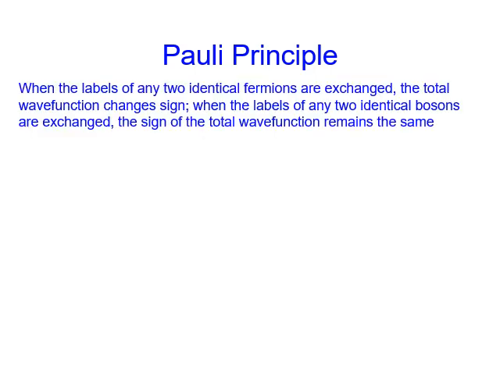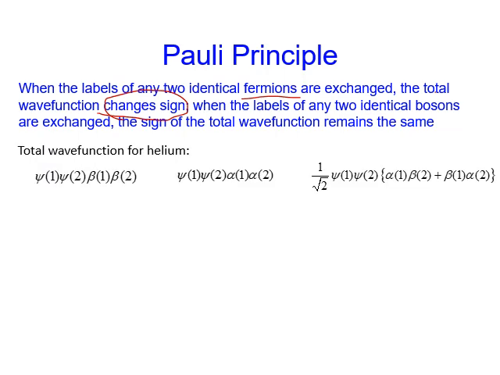Let's now introduce the Pauli principle, which says that when the labels of any 2 identical fermions are exchanged, in this case the electrons, then the total wave function must change sign. Here are 3 of the 4 wave functions we constructed for the helium atom. Both electrons are beta spin, alpha spin, or 1 beta, 1 alpha.